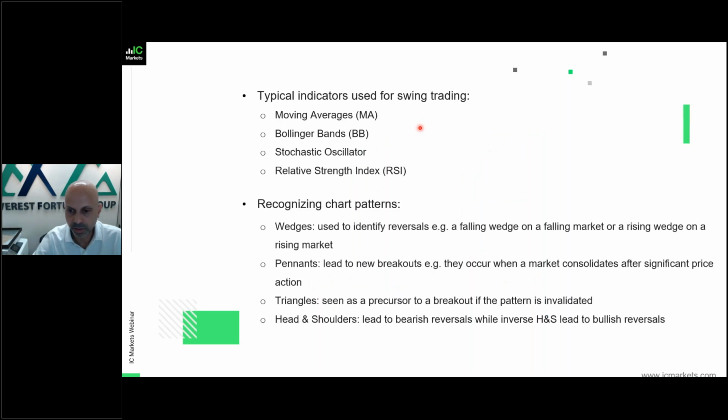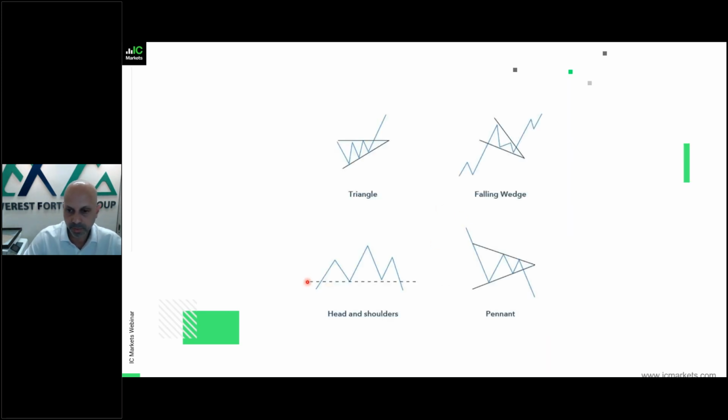And the last one, of course, is head and shoulders. This chart pattern leads to bearish reversals, while the inverse head and shoulders leads to bullish reversals. In this case, you can see price forming the left shoulder, then the head, then the right shoulder, and this is the neckline.